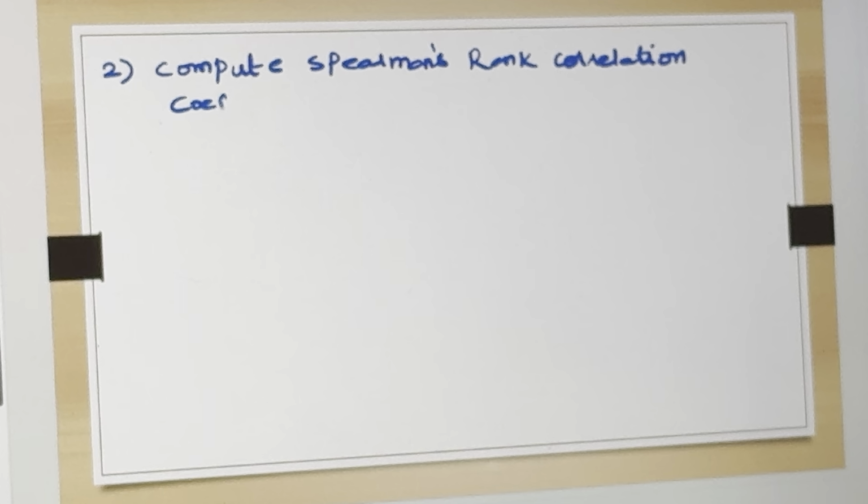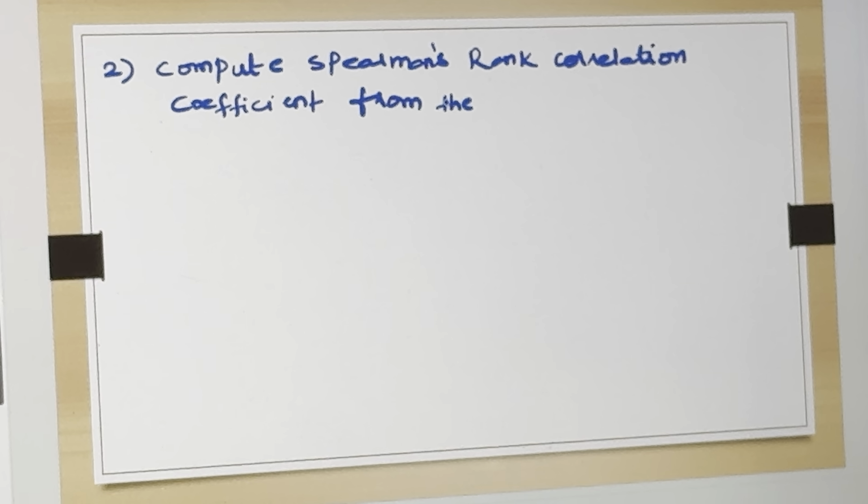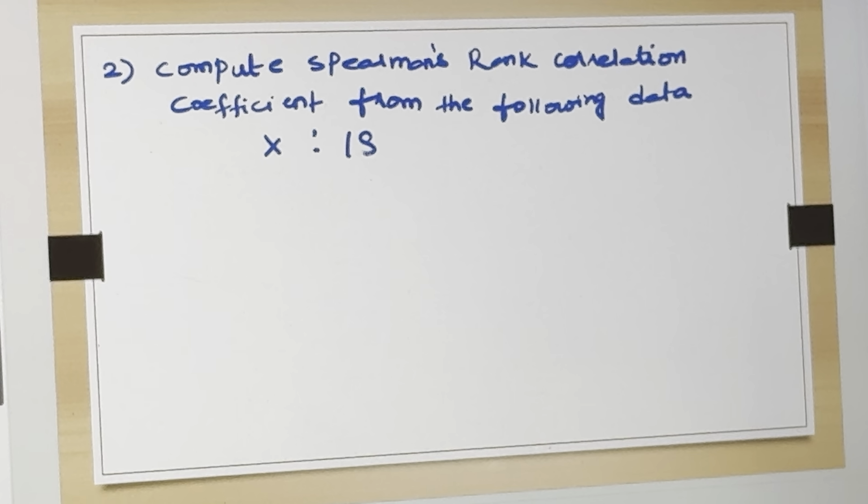Okay, from the following data. So what is the data given? The observations are given as capital X. Capital X का value कितना है? 18, and the second value say 20, then you have 34, then you have 52, and you have 12.